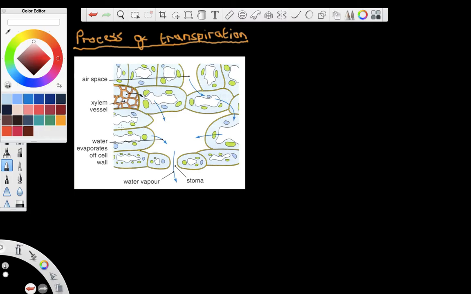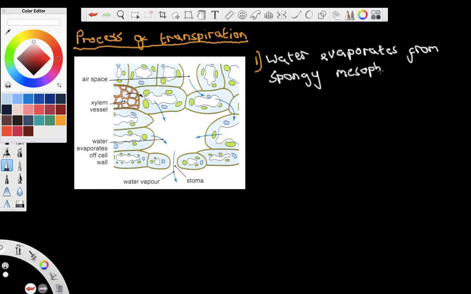So we can say, number one, water evaporates from spongy mesophyll cells into the air spaces.